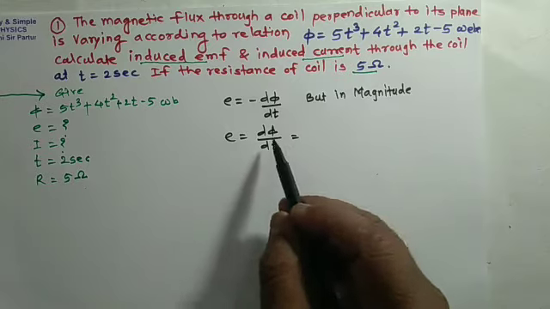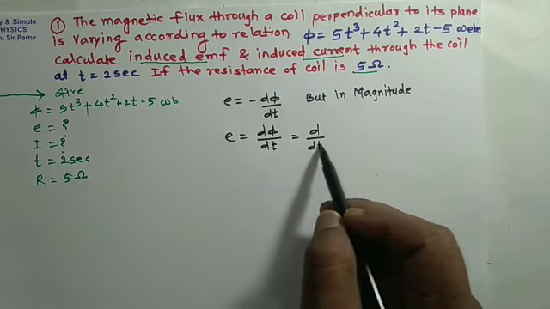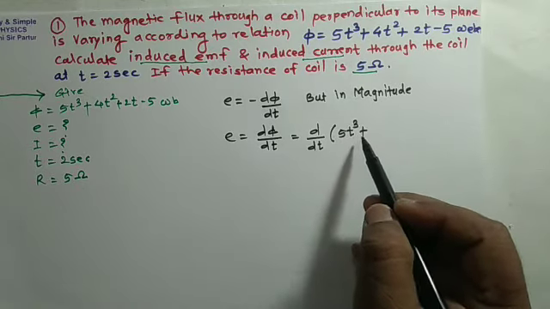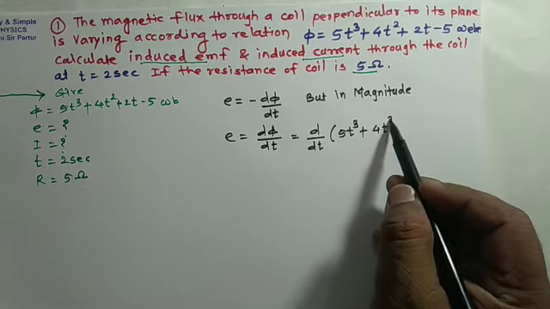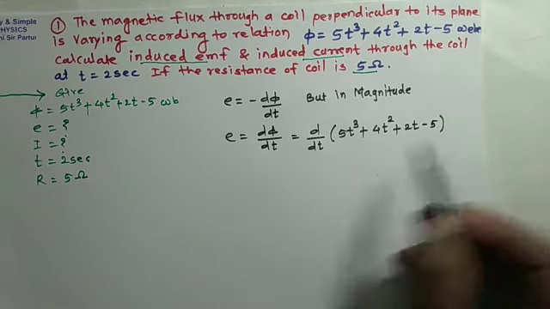So we can take the value of phi, that is d/dt in bracket 5t cube plus 4t square plus 2t minus 5.